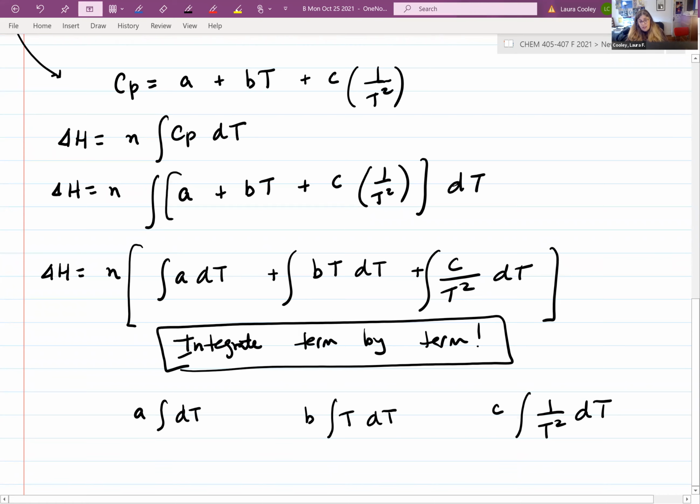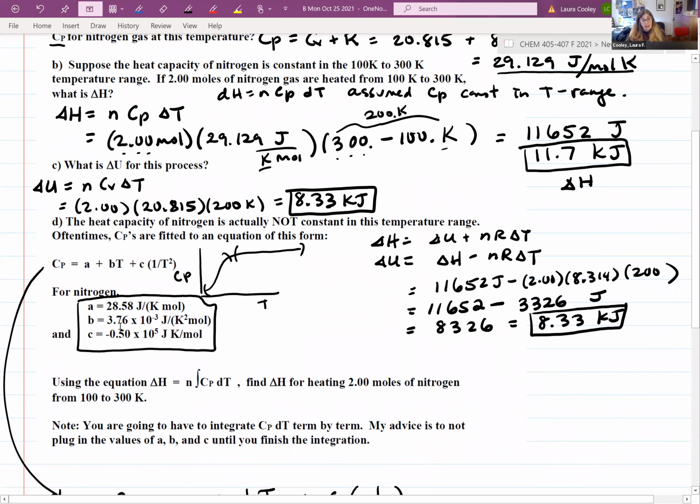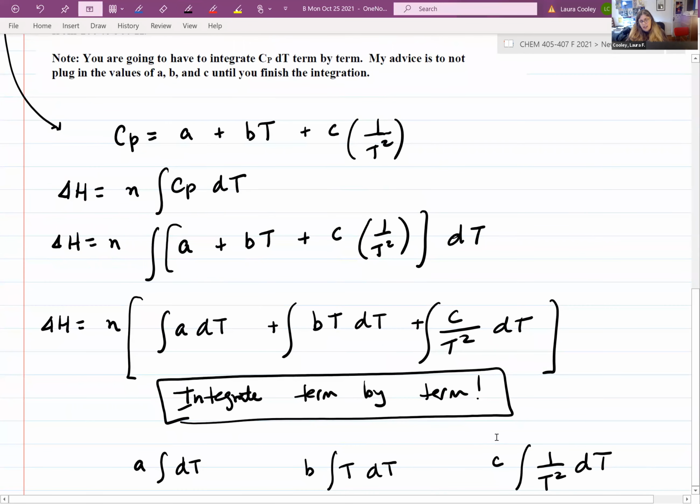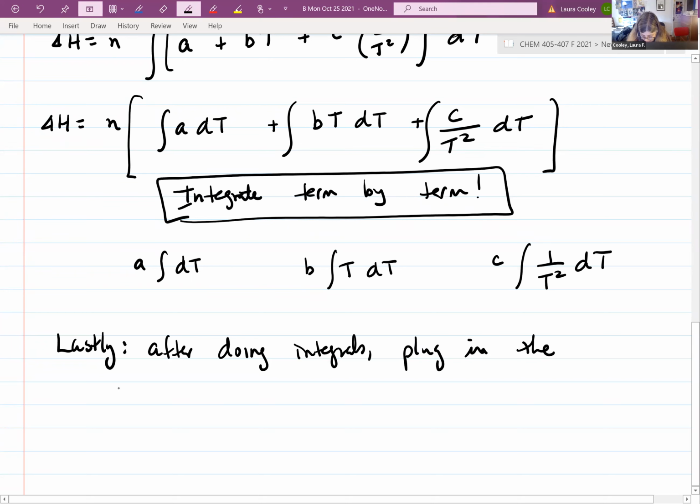And I recommend that you do this before you plug in the values of A, B, and C, because you don't want to be carrying these crazy values of 10 to the minus third and 10 to the fifth as you do your calculation. You want to get the answer in terms of A, B, and C, and then lastly, after doing the integrals, you want to plug in the values of A, B, and C.